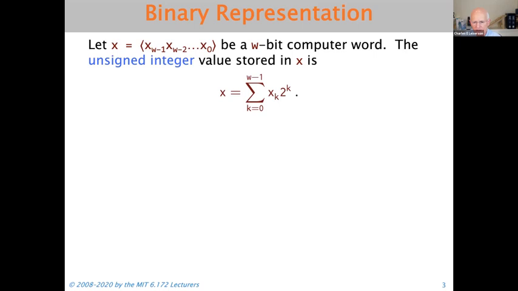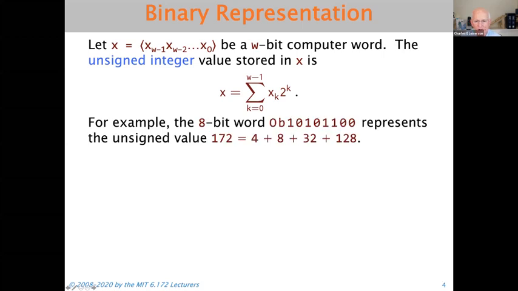So here's the formula for the integer x that's represented by the set of bits x0 through x(W-1). Each bit is multiplied by a different power of 2. So you're probably pretty familiar with this.